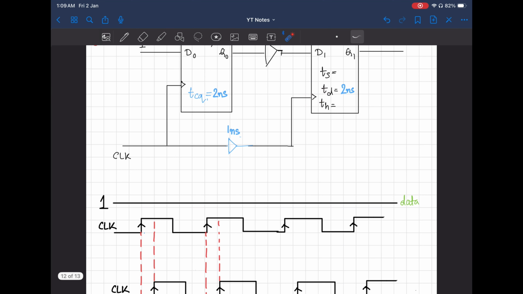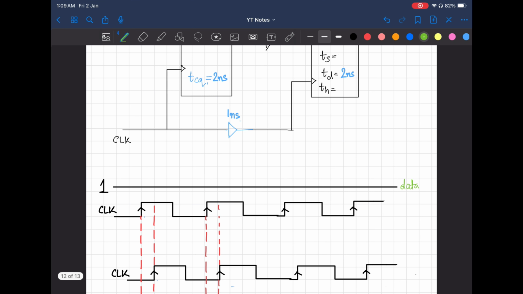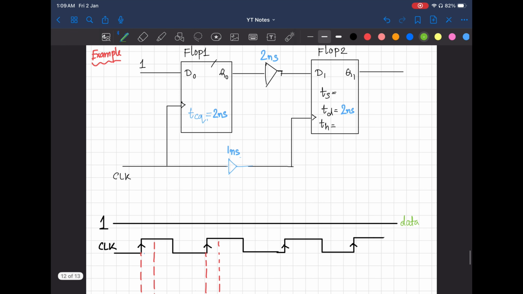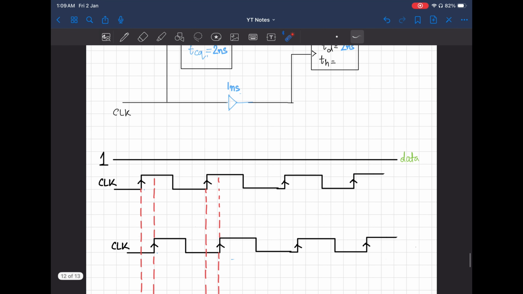Because of the clock to Q delay of 2 nanosecond, the Q0 will be like this much. So your data is this much, your 2 nanosecond data delay.